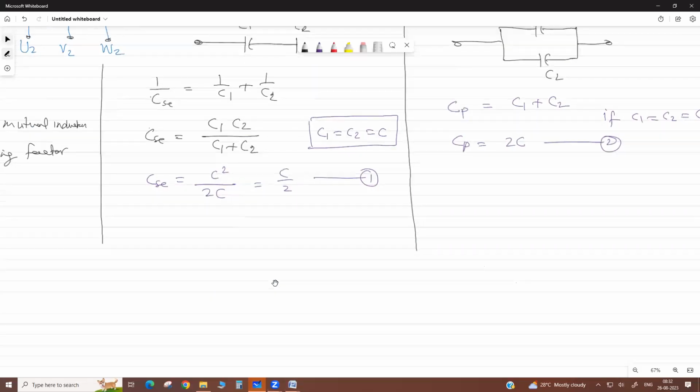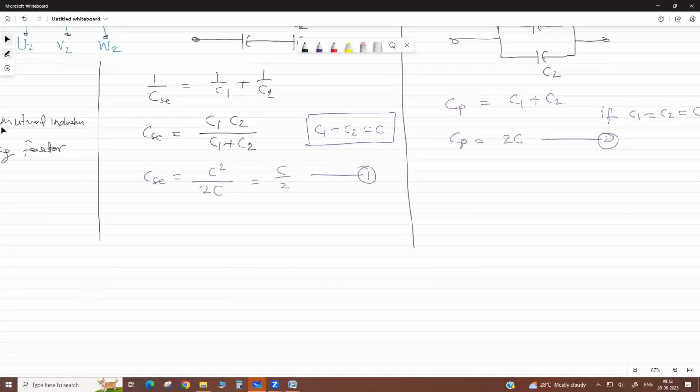So see, this is not a reactance, it is capacitance. This is the total equivalent capacitance, and this is also the total equivalent capacitance.